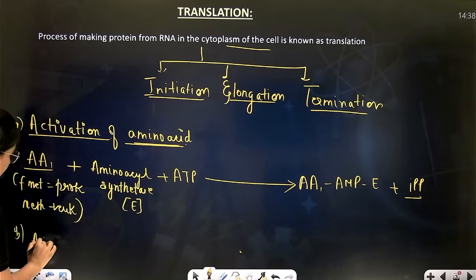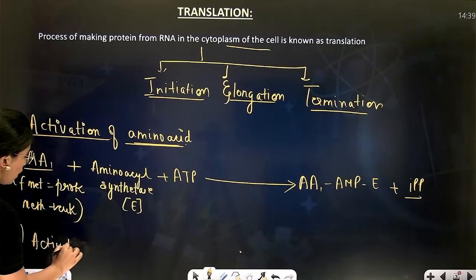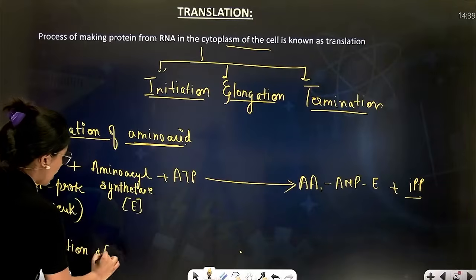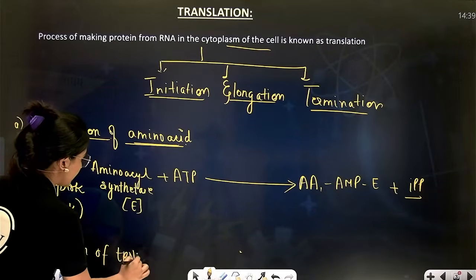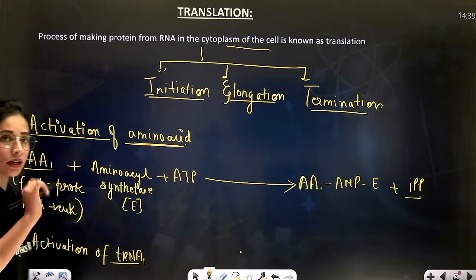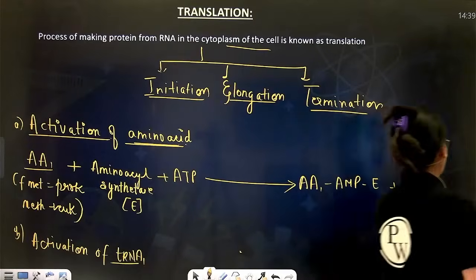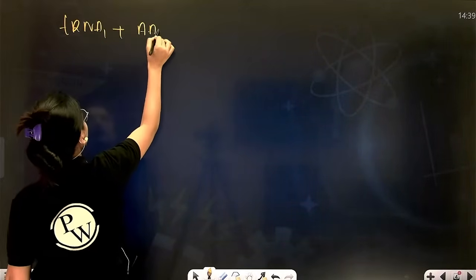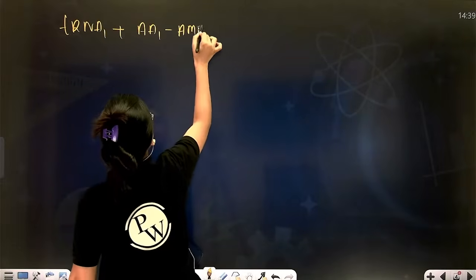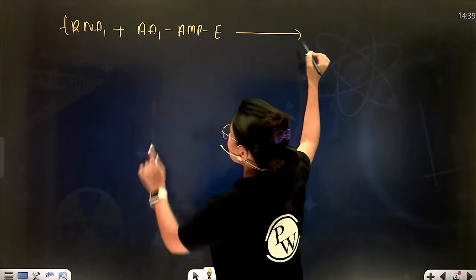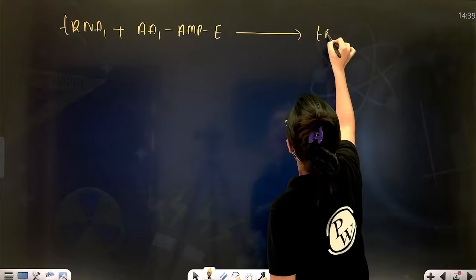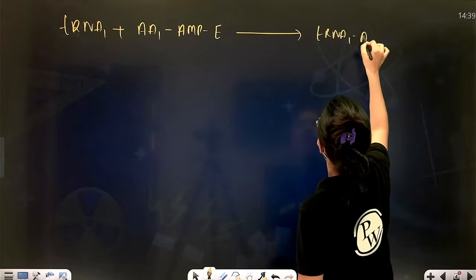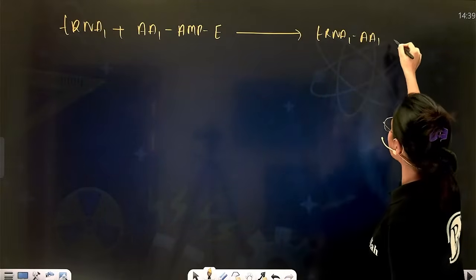The second step is activation of tRNA. Now how can tRNA be activated? To activate the first tRNA, this first activated amino acid needs to be attached to it. So tRNA 1 is made to attach with the activated amino acid. Now a new complex will be formed between amino acid and tRNA.